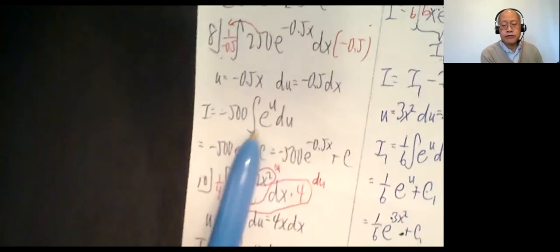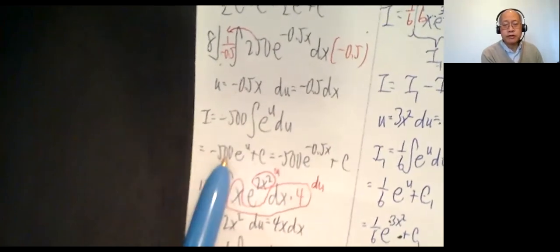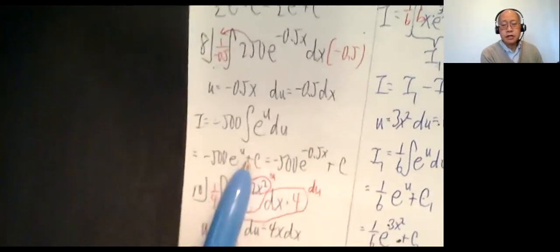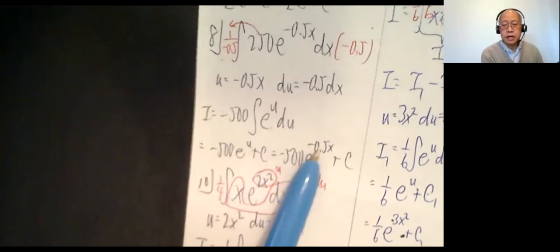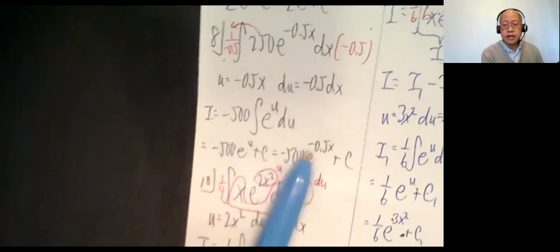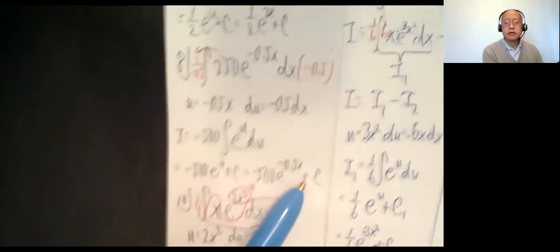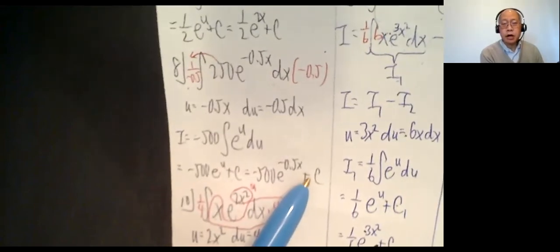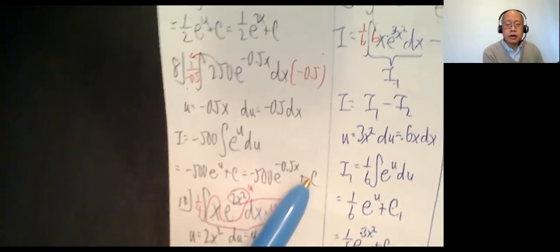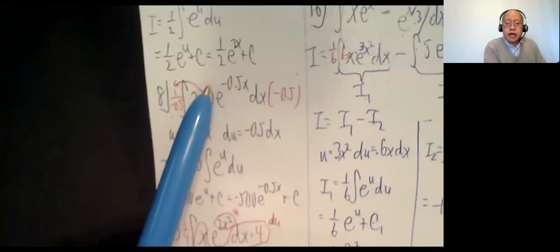All right, so the integral of e to the u is itself: negative 500 e to the u plus c. Then quickly change u back to what it was: negative 500 e to the negative 0.5x plus c. Okay, and that works. But again, an alternative from the get-go, you could just do the chain rule in reverse.